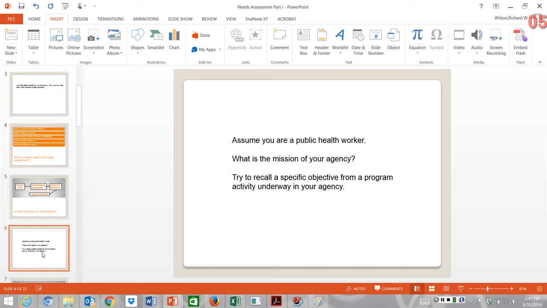I'm not expecting a fully fleshed out mission statement, but in just a few words, try to articulate the mission of your agency. Then try to recall a specific objective from a program activity underway in your agency. Something specific and more narrow. The mission statement tends to be very broad, but I'm asking you for a specific objective that is guiding a particular program that you're doing in your agency.